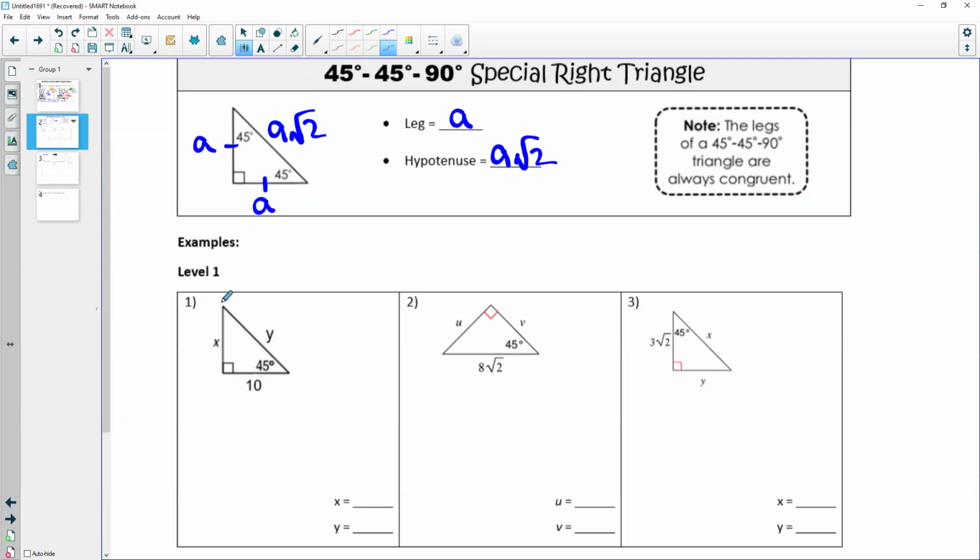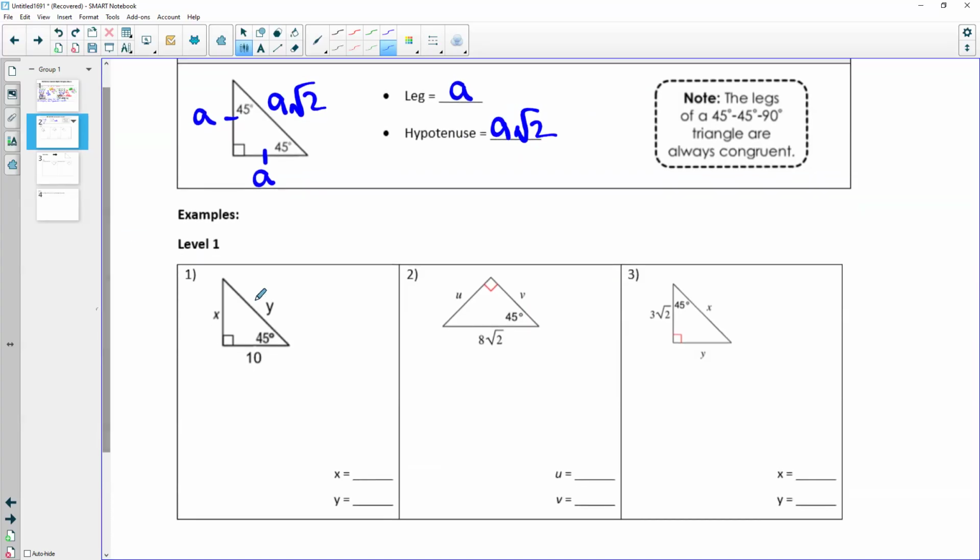Right. So what we're going to do is we're going to use this pattern that we have going on whenever we have a 45, 45, 90 special right triangle to solve for some examples down below. Okay. So in the first example, and for any example really, what we're going to focus our attention on is what are the angle measures inside of our right triangle?